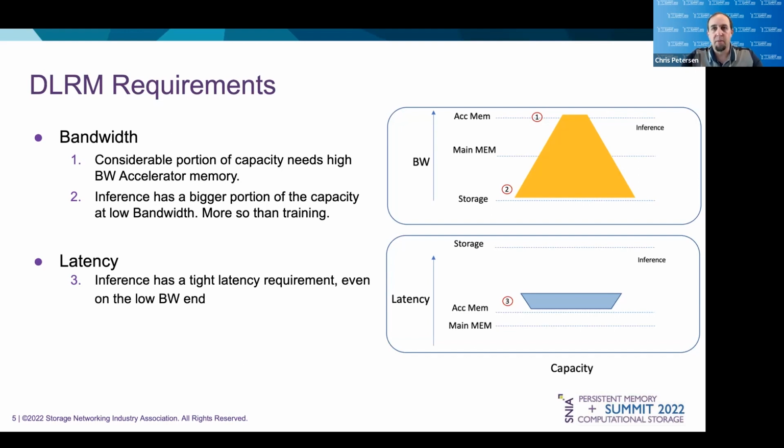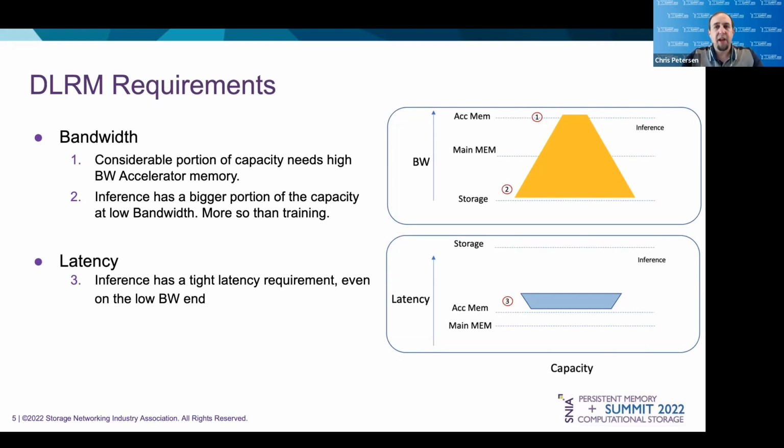For the top chart, the point highlighted by the red number 1 here, there's a considerable portion of the model that requires quite a lot of memory bandwidth, which generally resides in the accelerator memory. Most commonly, that ends up being HBM or high bandwidth memory.